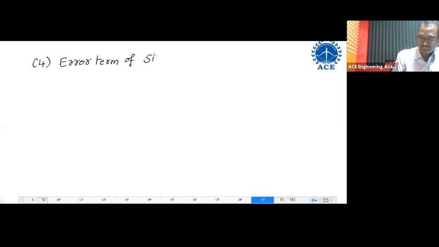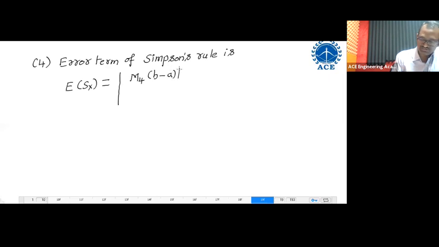Here the error term of Simpson's rule is M4 into (b minus a) into h power 4 by 180.